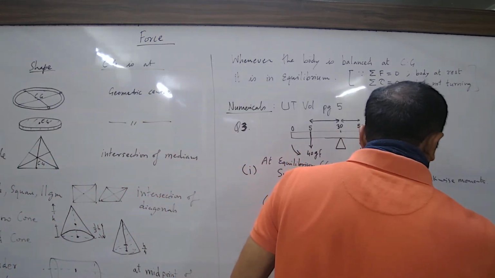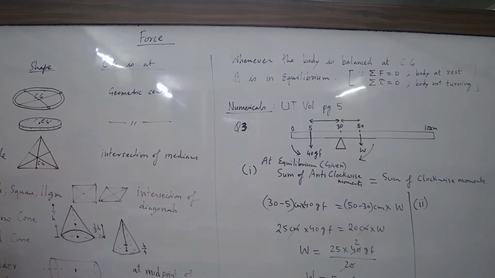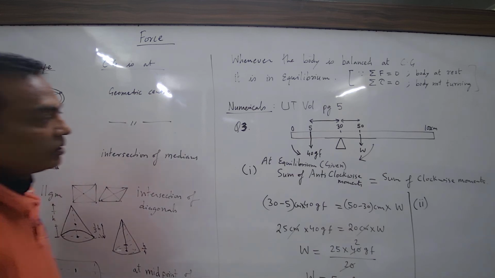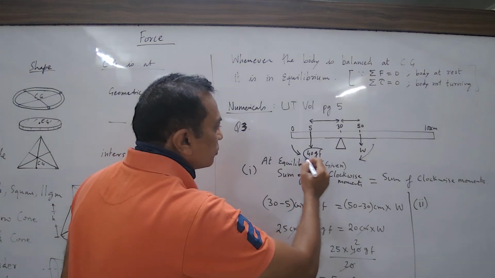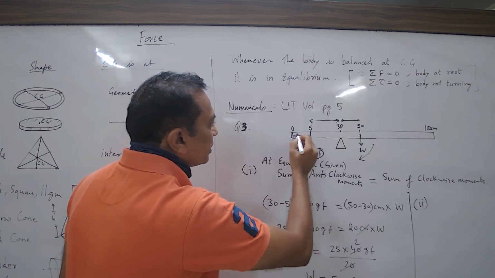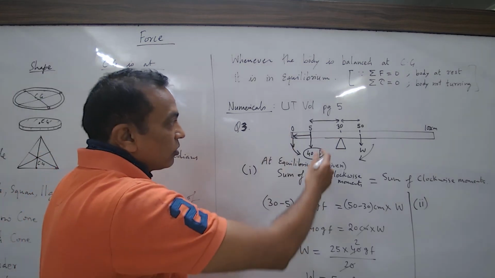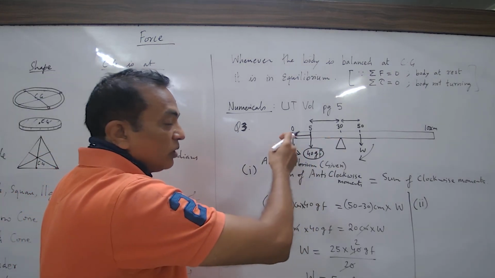Read the next part of the question. What is the next part? Now this 40 gram force weight is shifted to 0. It is shifted here. Then will it remain in equilibrium or will it be disturbed? Disturbed. The anti-clockwise moment would increase.